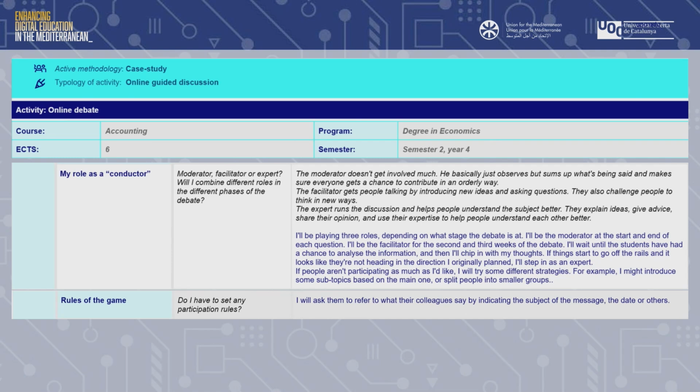And here in this slide, for example, we can see that we can ask ourselves about our role as conductor of the debate. Will I be a moderator, a facilitator, or an expert? Will I combine both roles or the 3 of the roles? And then here, by using this template, we can say, okay, I'll be playing the 3 roles depending on what stage the debate is at.